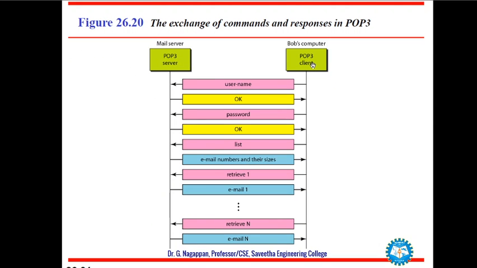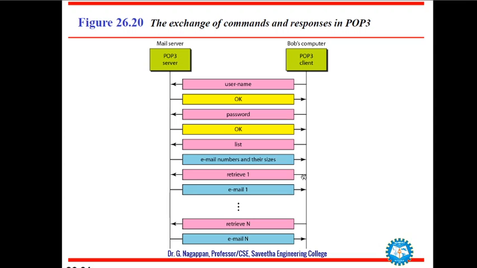So Bob's computer is going to send its username, and the POP3 server says okay. If the password is sent, it says okay. If it is wrong, it will ask for retyping, and then it is going to send the list of the emails from which it has to be read. So the email numbers, how many emails they have received, and their sizes are sent to the receiver.